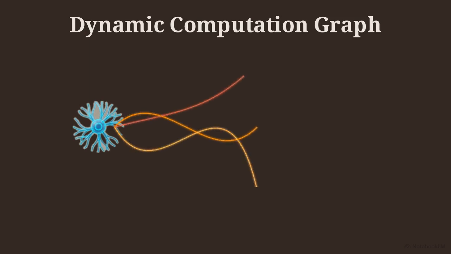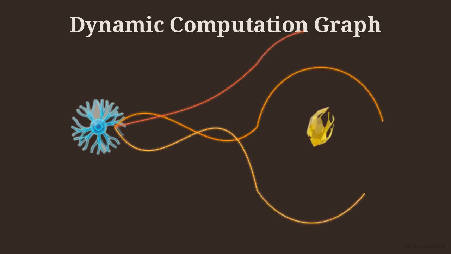But PyTorch offered a different path, the dynamic computation graph. Instead of building the entire rigid pipe system up front, the pathway is built and modified in real time as your code runs. The network adapts on the fly to fit the data passing through it.